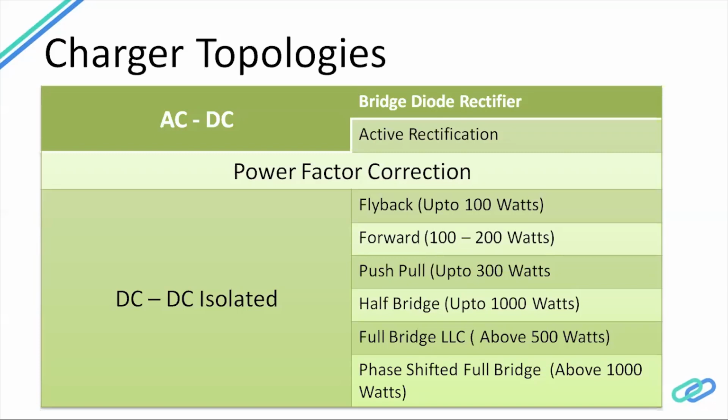Now after rectification has been performed, we have to perform the power factor correction unit. Basically we have to make sure that the voltage and currents are in phase, and that the power factor of our charger is nearly about 1. It won't be exactly 1, but around 0.9, 0.95, 0.99.